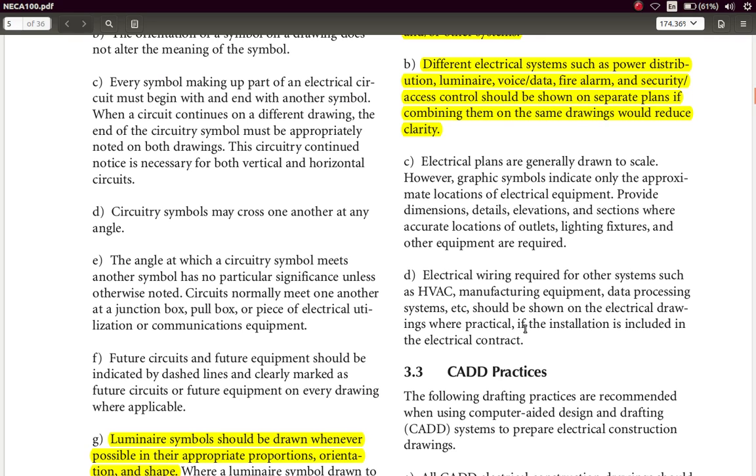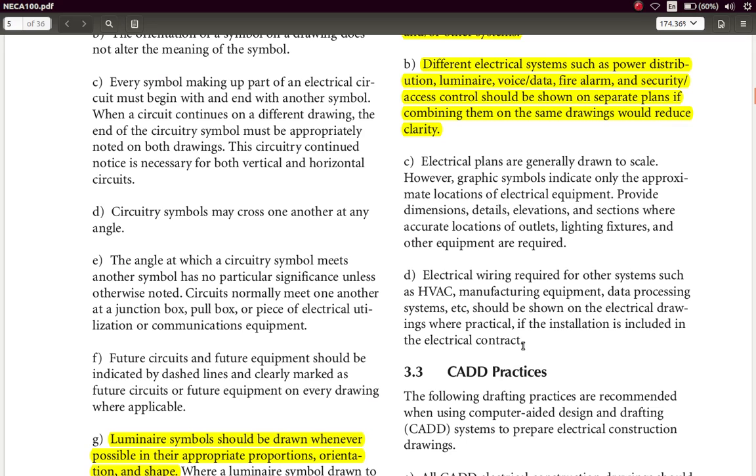If you're doing an electrical drawing now and those things, data processing, will be included in the building, you must show those things along with the electrical drawing, if the installation is included in the contract.